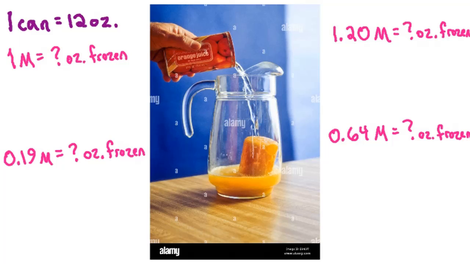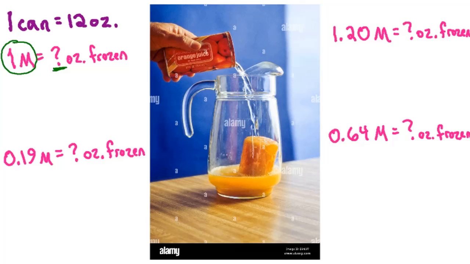Now let's do this backwards and let's try to find out how many ounces of the frozen orange juice concentrate we put into the pitcher of water by starting with the molarity of the orange juice that you made. So at first, let's start with this easy one up here. We have a molarity of 1. So if we have a molarity of 1, how many ounces of frozen orange juice concentrate did we put into the pitcher of water?